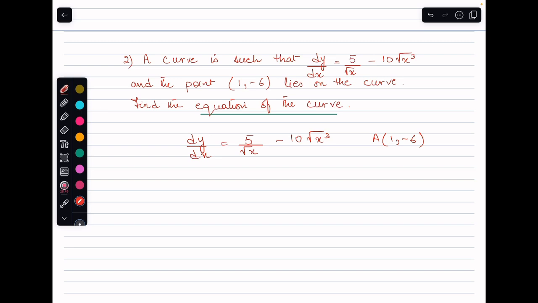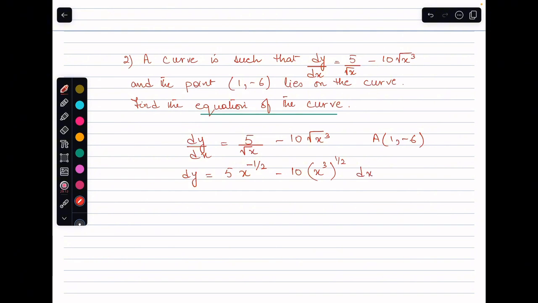So the first thing is that I can see here dy equals 5 x to the power, I'm taking this x to the power 1 by 2 from the denominator to the numerator so that the sign changes and it becomes negative 1 by 2. And then here, solving for the radical, we know that the radical means it has the power 1 by 2.